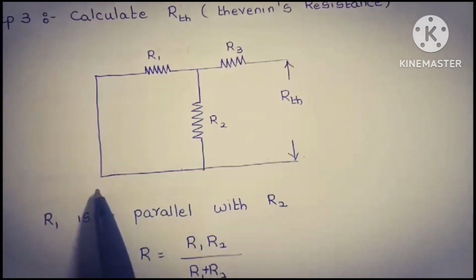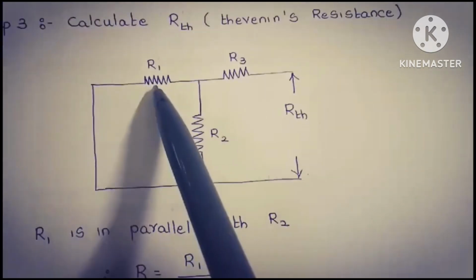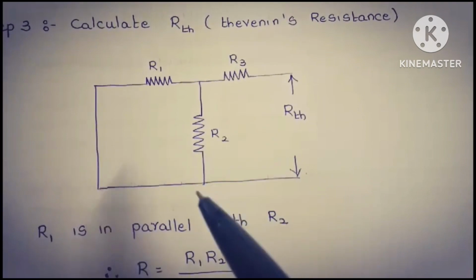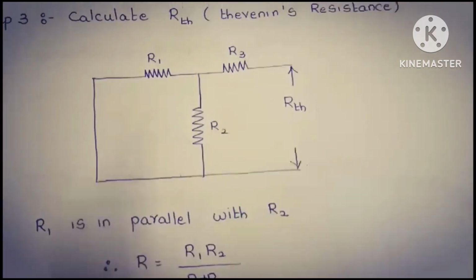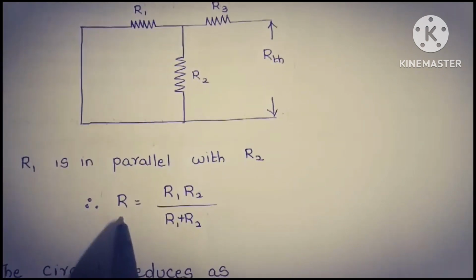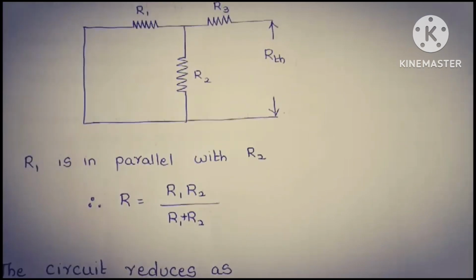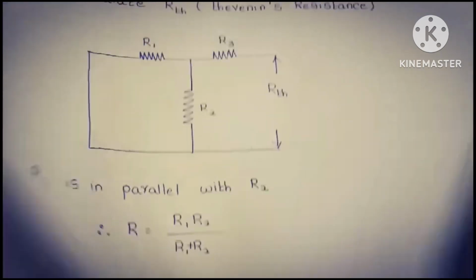When we short circuit this voltage source, the resistances R1 and R2 are connected in parallel. When these two are connected in parallel, the equivalent resistance R is equal to R1 R2 by R1 plus R2.